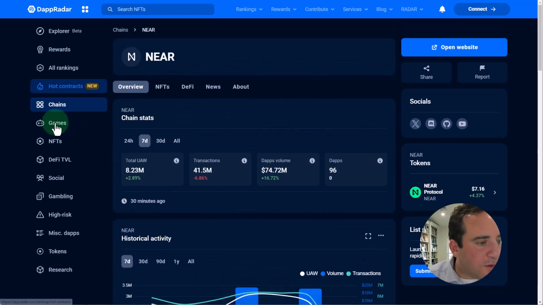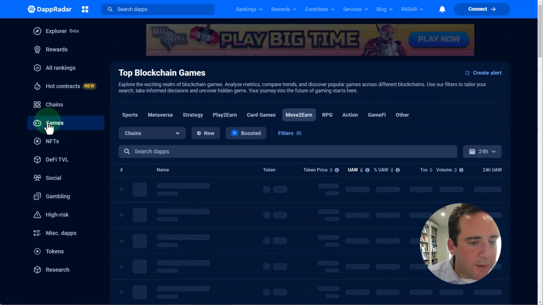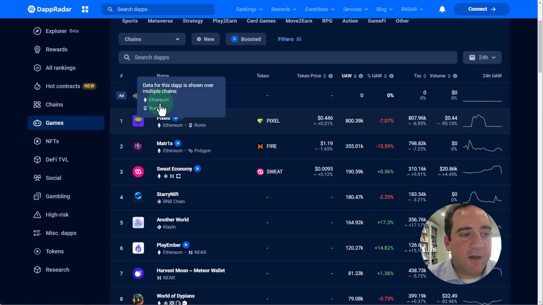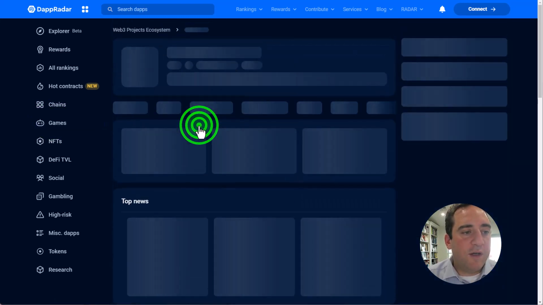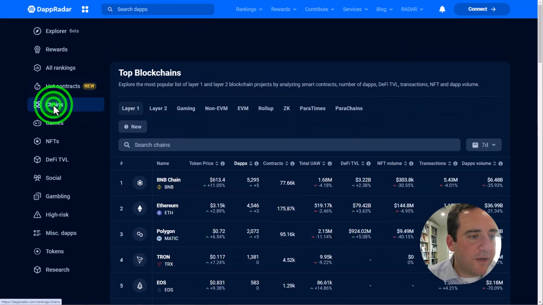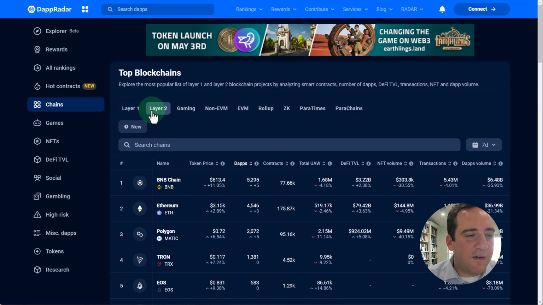And then you can go to the actual games and it'll give you a little marker for which blockchain the game is being played on. Like Pixels is being played on Ethereum and Ronin. Ronin is another example of an alternative blockchain that is considered layer 2 or sidechain.